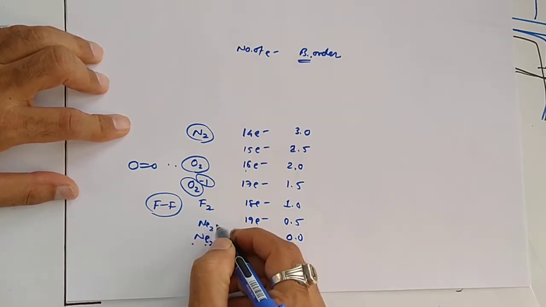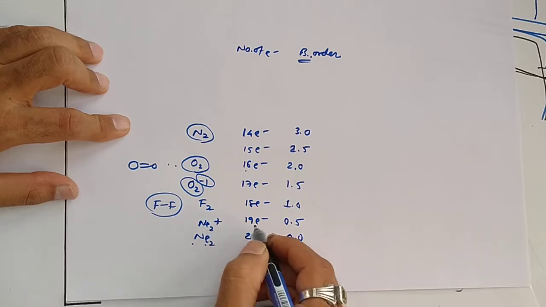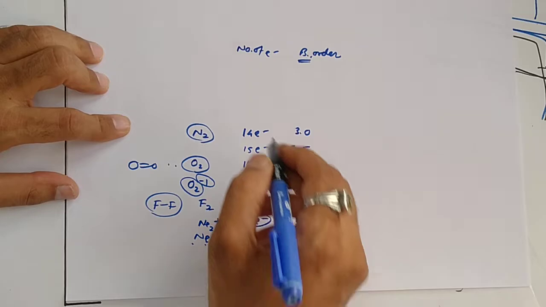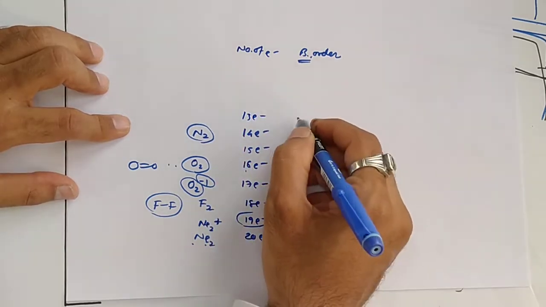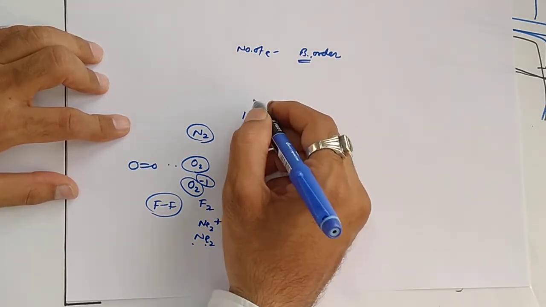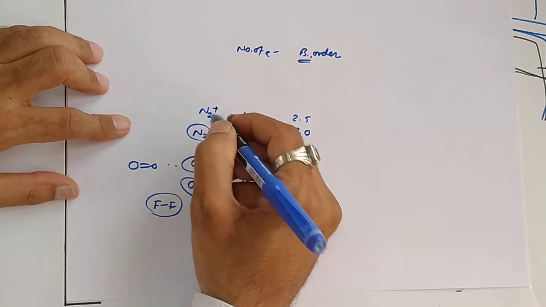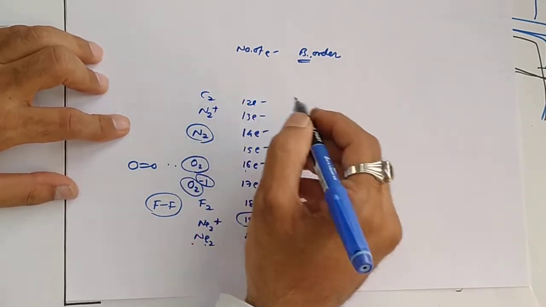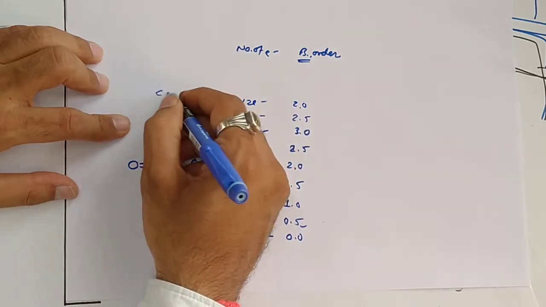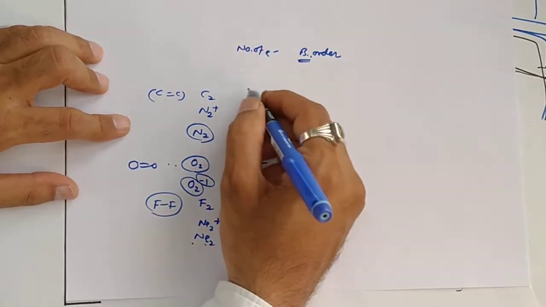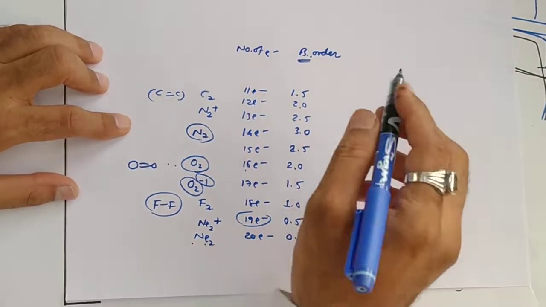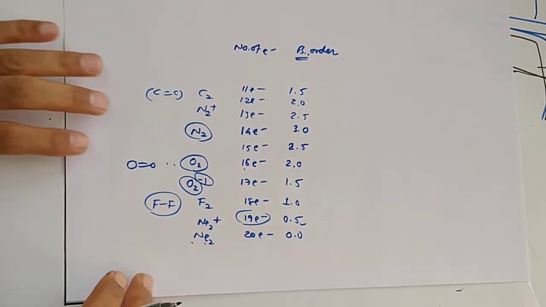Now Ne2 plus is 20 minus 1, so there should be 19, bond order 0.5. Now 13 electrons gives 2.5, in N2 plus. Now 12 in C2 gives a double bond between carbon and carbon. If 11, then 1.5. Yes, this is our trick.